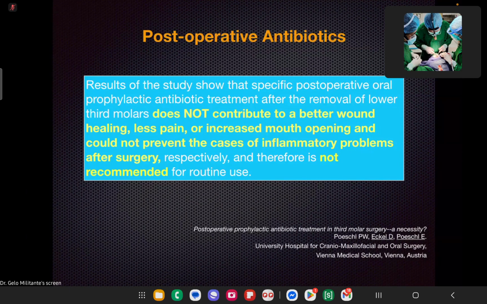Because antibiotics, especially when you prescribe them post-operatively, for example you did an extraction and gave an antibiotic, it says here it does not contribute to better wound healing, less pain, or increased mouth opening, and could not prevent cases of inflammatory problems after the surgery. Therefore, giving antibiotics after simple tooth extraction cannot provide any help at all. So it means there is no use for antibiotics in simple surgeries.